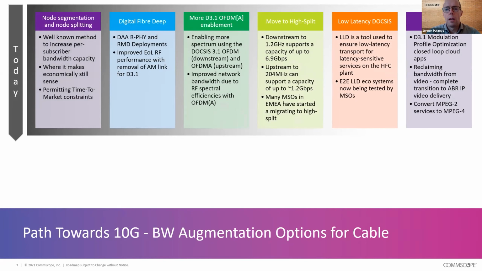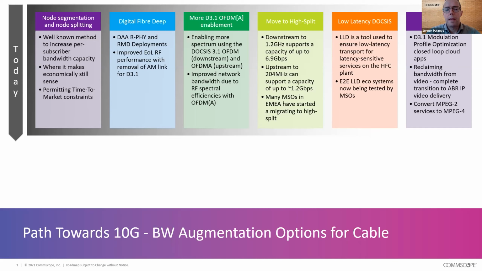So some operators may choose to go with some of these options or a combination of these options. At the end of the day, the ultimate objective here is to increase network efficiency, obviously capacity, ability to offer higher speeds on the cable access plant, and the ability to improve customer UX.